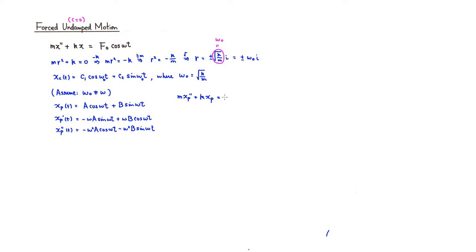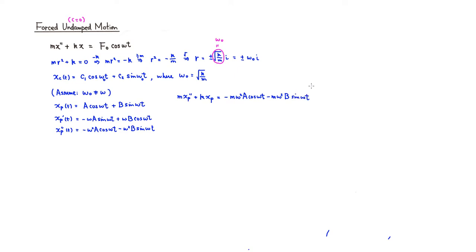So we're going to get negative m omega squared a cosine of omega t minus m omega squared b sine of omega t, right?